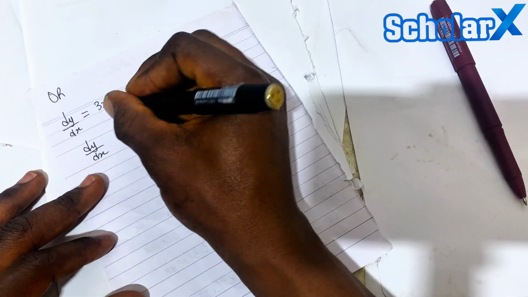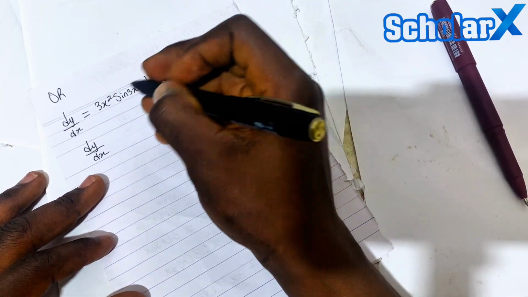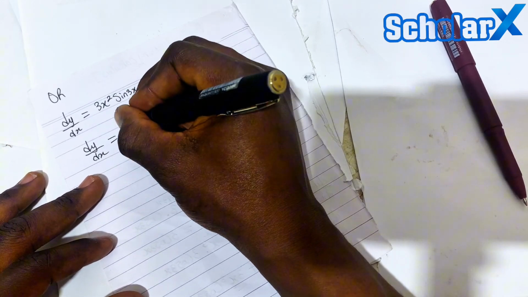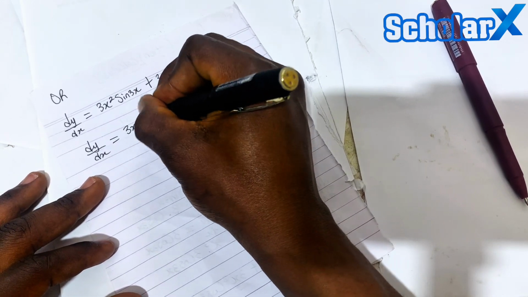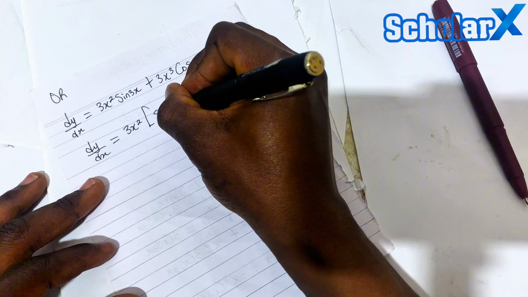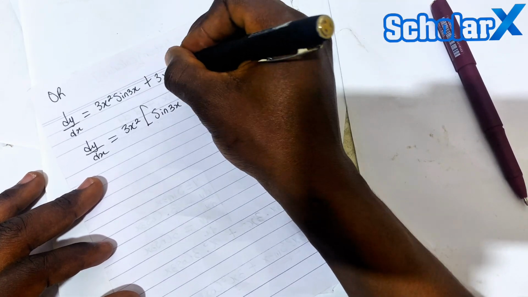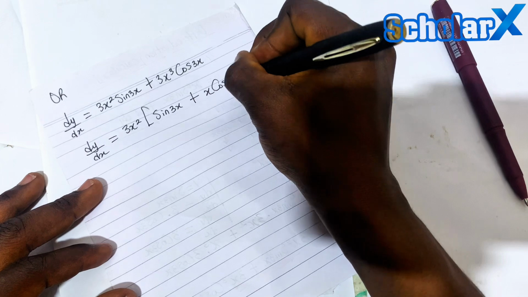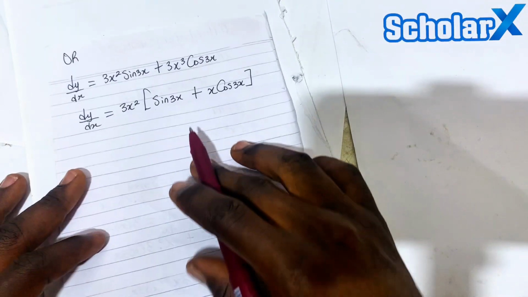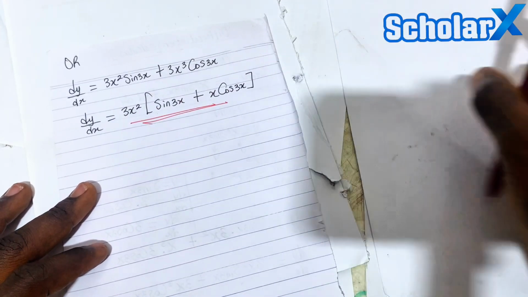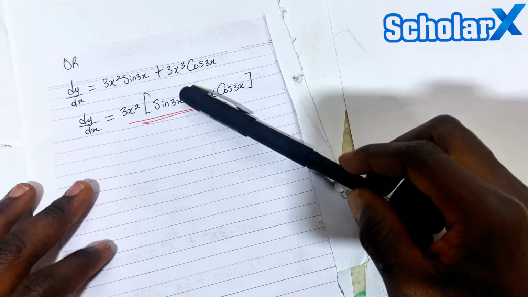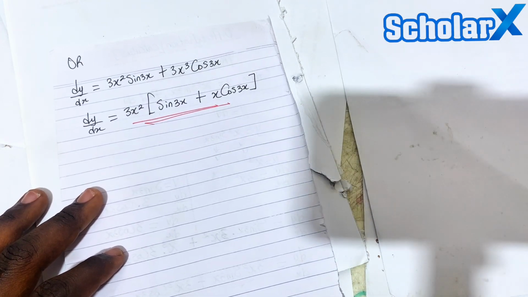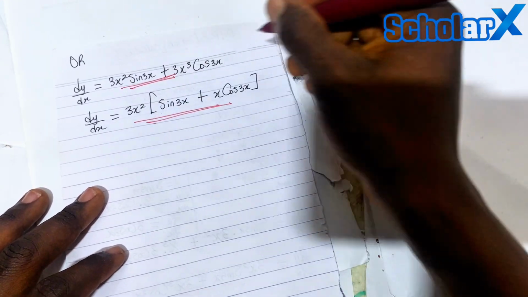If you notice, 3 is common on both sides and x squared is also common on both sides. So I can factorize this as 3x squared into bracket, sine 3x plus, you'll be left with x, x cos 3x. So this is going to be our answer. So dy/dx is also equal to this or this. Any of these is an answer.